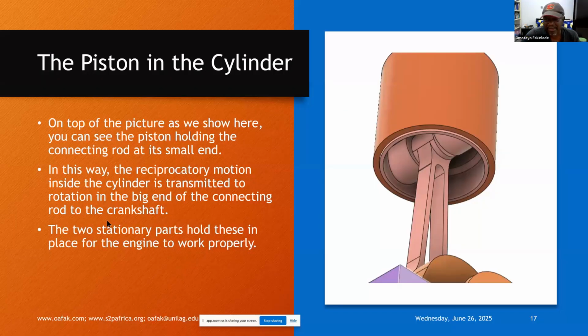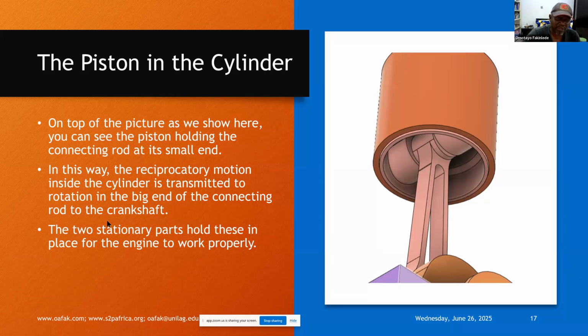On the top, at the small end of the connecting rod, you'll see the connecting rod entering the pin of the piston. And the piston itself is contained inside the engine cylinder, as you can remember. I hope you can see a representative of the cylinder there. It may look like that, it may not, but what is important is that the internal surface will just fit the piston so that the piston can move up and down there.